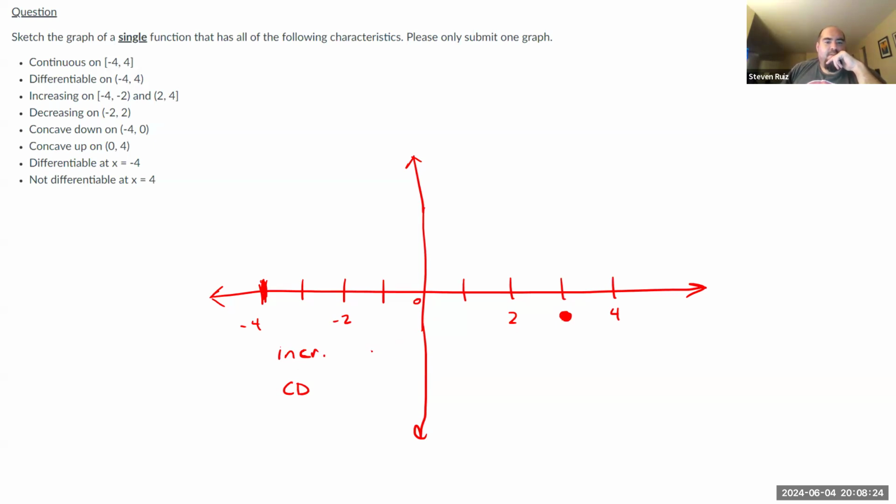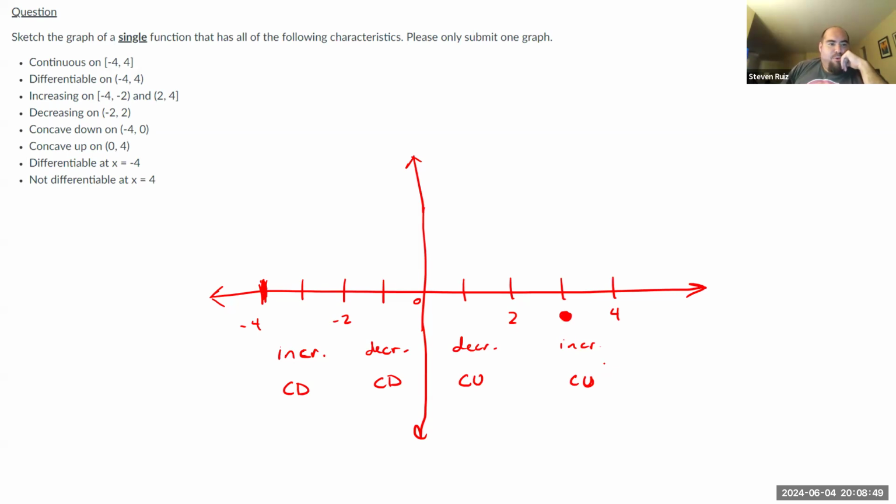We're decreasing, and we are concave down still. Then from 0 to 2, we are concave up, still decreasing. And then from 2 to 4, we are increasing and concave up.